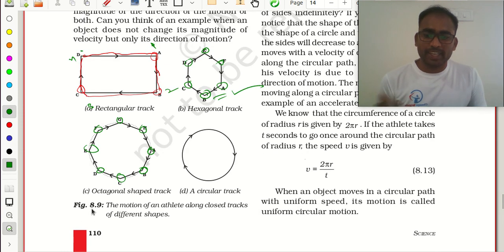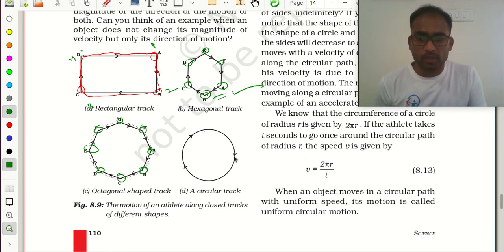Then, if you take a circular track, does he need to slow down anywhere? No, no. He will increase his speed in the circular track.